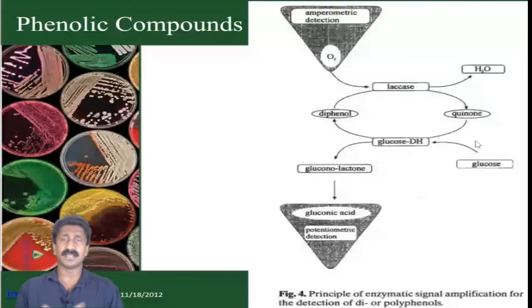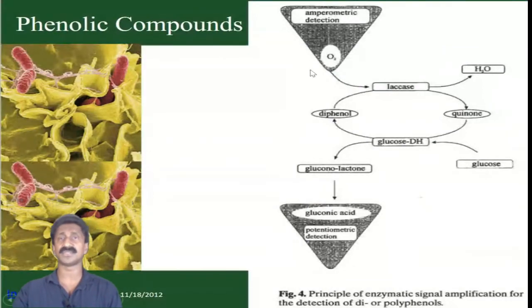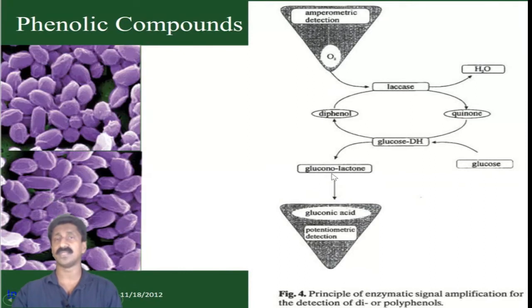So here, as I mentioned, the initial stage conversion of phenol can be detected using an amperometric system, or you can use a potentiometric detection system for the later conversion of the quinone. This is the glucose dehydrogenase enzyme.